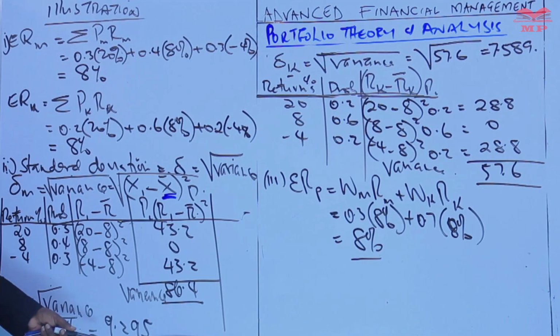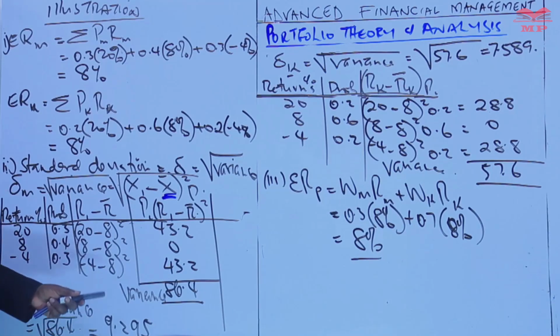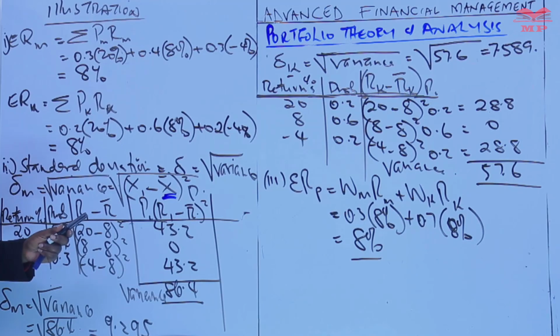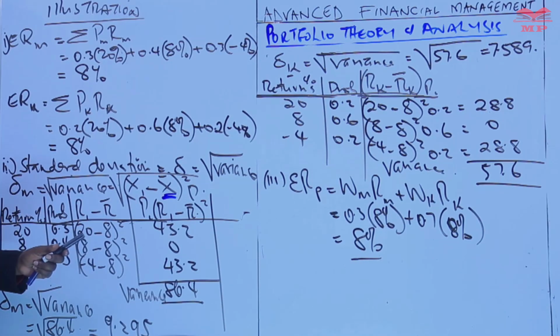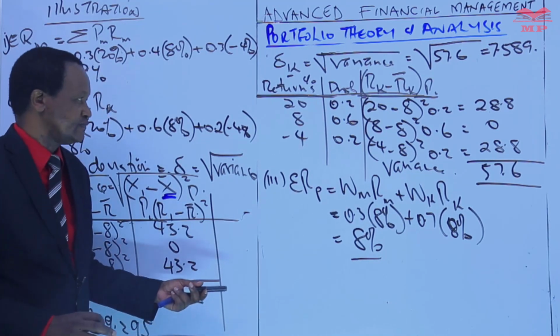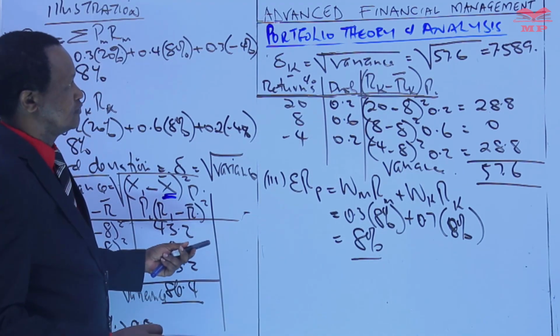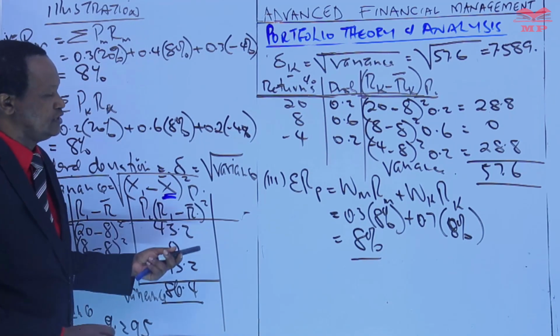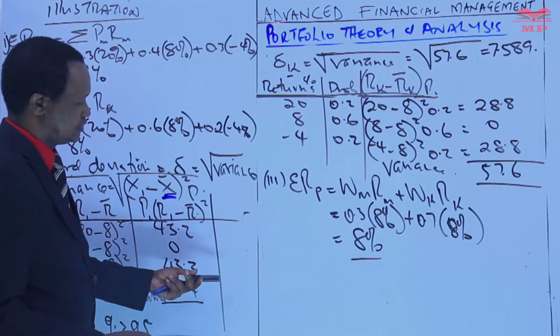When we began, we said that the standard deviation is a statistical measure that quantifies the amount of variation, the amount of risk. In portfolio theory, standard deviation is a measure of risk.